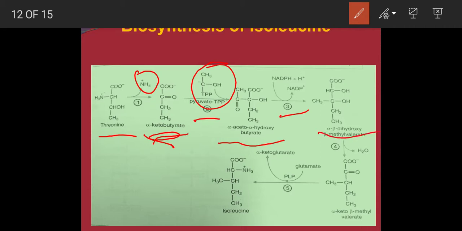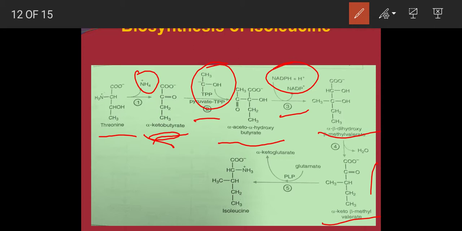As a result, alpha beta dihydroxy beta methyl valerate is formed. NADPH plus H plus is also used as a reductant in this third reaction. In the next step, fourth, this alpha beta dihydroxy beta methyl valerate removes a molecule of water to produce alpha keto beta methyl valerate.